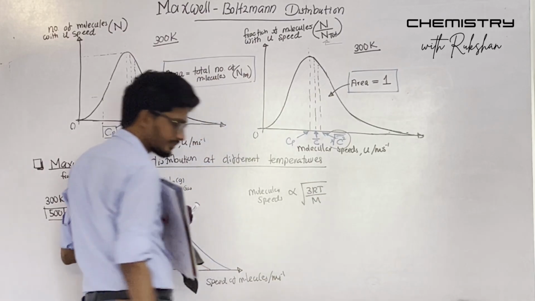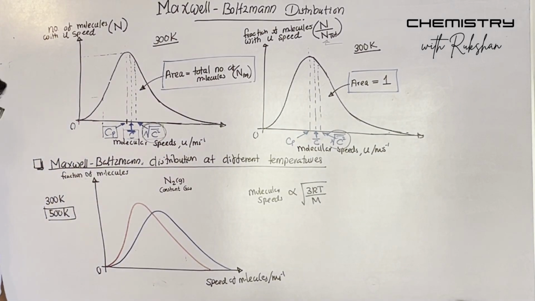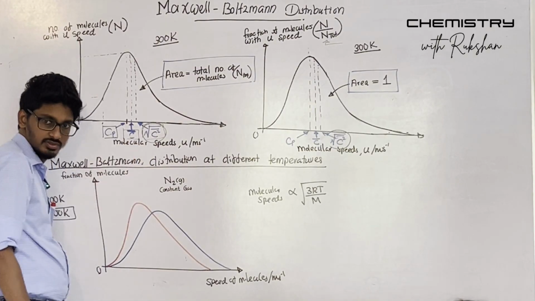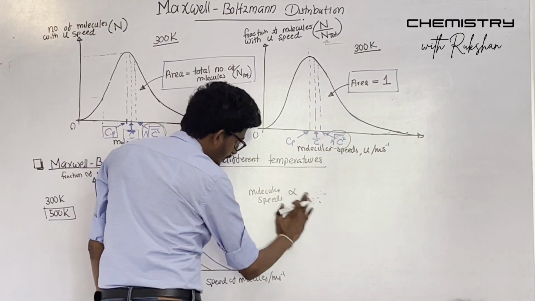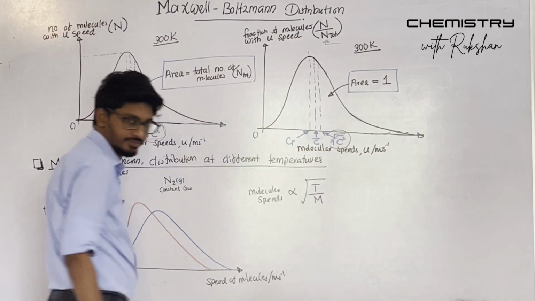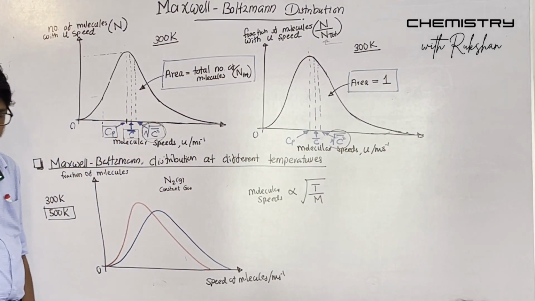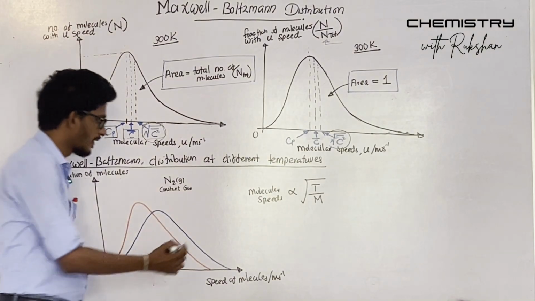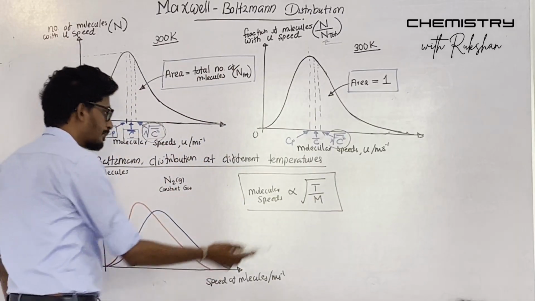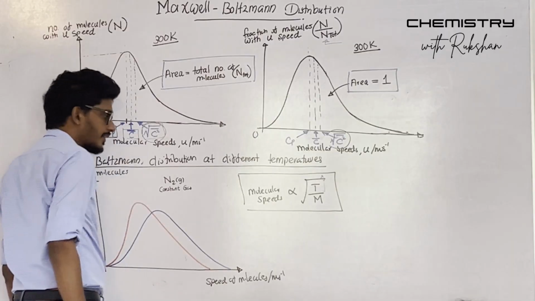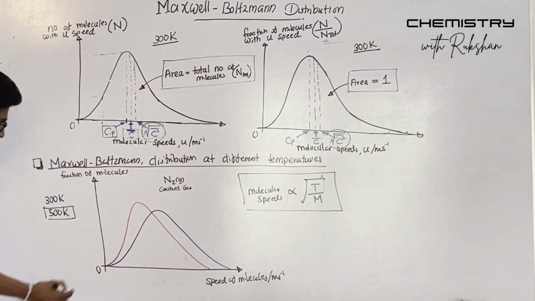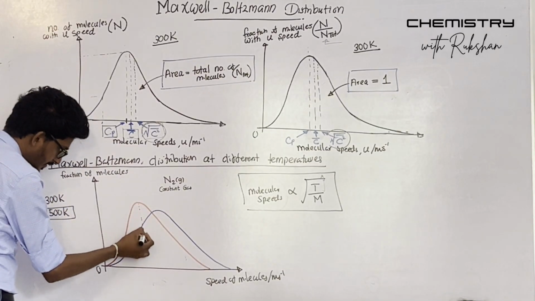So one can say the molecular speeds are proportional to root T over M. As this is true, when the temperature is high, molecular speeds should be high. The values of molecular speeds should be high.